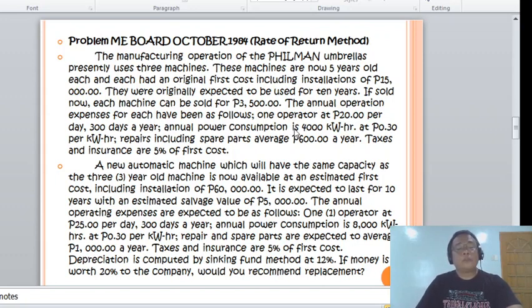Depreciation is computed by the sinking fund method at 12%. If money is worth 20% to the company, would you recommend replacement? Here is now, class, the question. Before you can decide, let us first compute.